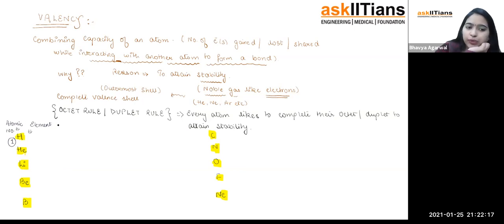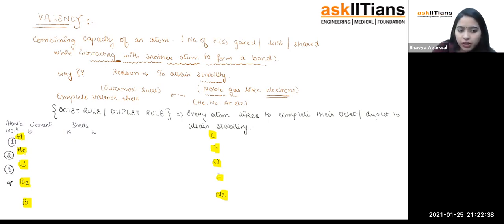This is the atomic number order, and then we have the shells. So we'll talk about the K shell, L shell. Now, hydrogen has the atomic number of 1, helium has 2, lithium has 3, beryllium has 4, boron has 5. This is their atomic number.